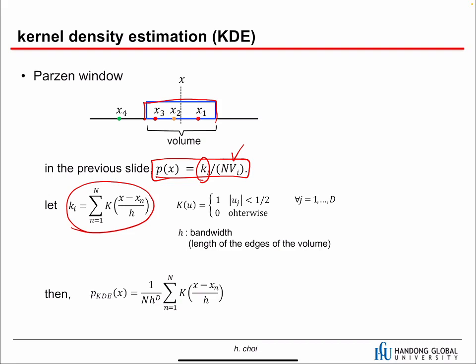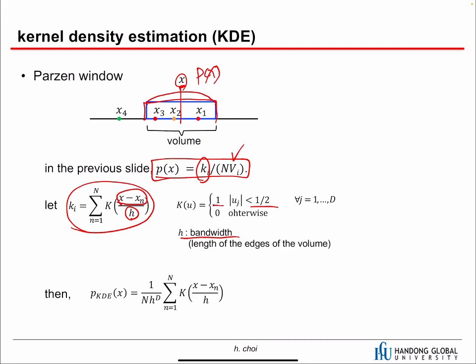So look at this one. We have x here, and we want to estimate the probability of x, p of x. Let's say we have to provide bandwidth as a hyperparameter. If this is h, then we just check whether x minus x_n divided by h is less than 1 over 2. Then it is 1.